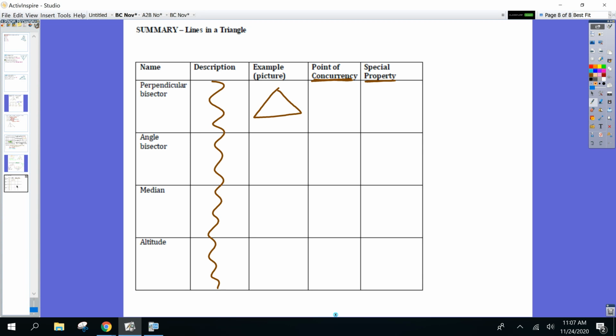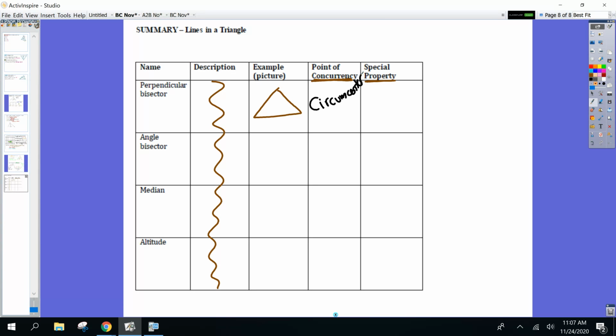And what's the special property about it? For perpendicular bisector, could you draw one on a triangle? They meet at the circumcenter, and that's the only one I'm filling in for you. What's so special about it? This is for your own benefit, especially as we get closer to next Wednesday, to keep track of all these new vocabulary terms.